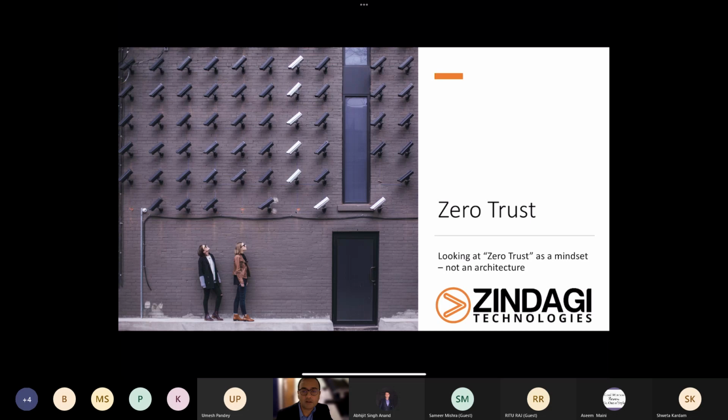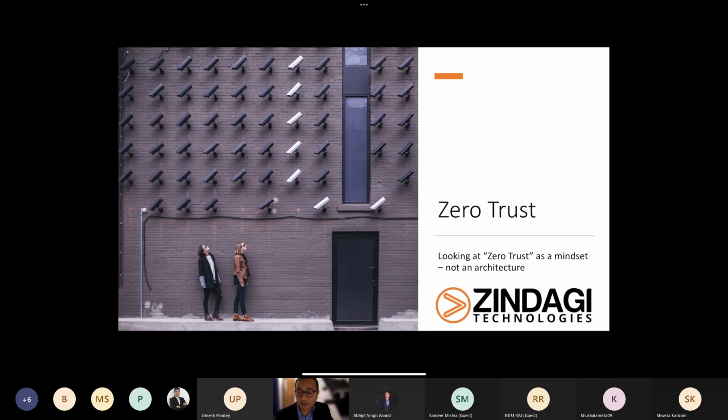The objective of this presentation is to talk about zero trust security. The concept of zero trust has been there for a very long time. Unfortunately, the concept has now become more of a cybersecurity catchphrase, with the number of attacks having increased, like phishing attacks, ransomware, and business email compromise being at an all-time high.